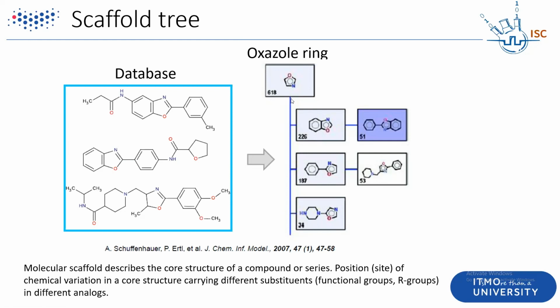Then I would get more information on the synthetic possibilities and on the modification, if I apply scaffold hopping techniques. What are the bonds which are important for the molecular optimization, and so on.